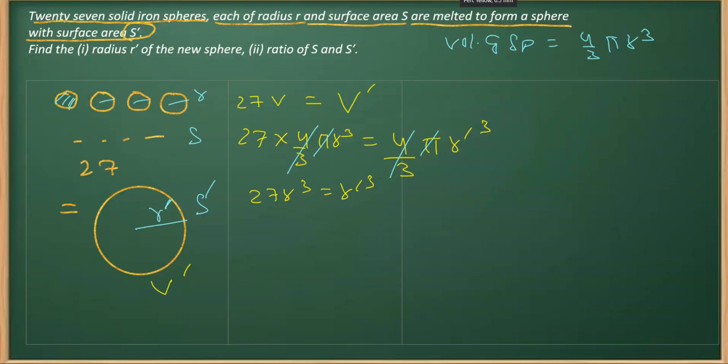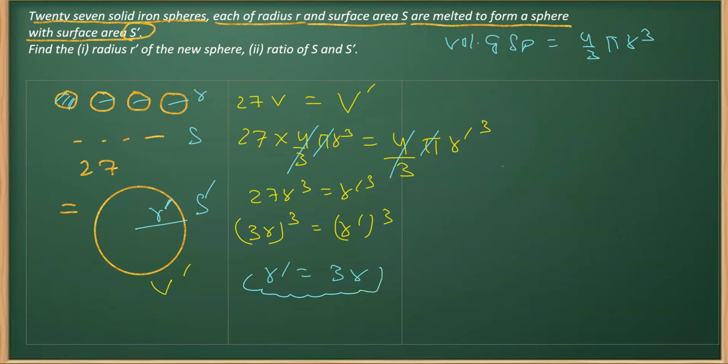Now we have to get r dash. So we can convert 27 r cube into a perfect cube and write this as 3r whole cube equal to r dash whole cube. Reducing the power, r dash is equal to 3r. So the radius of that new sphere will be 3 times the radius of the original small sphere. That is the answer for the first part.